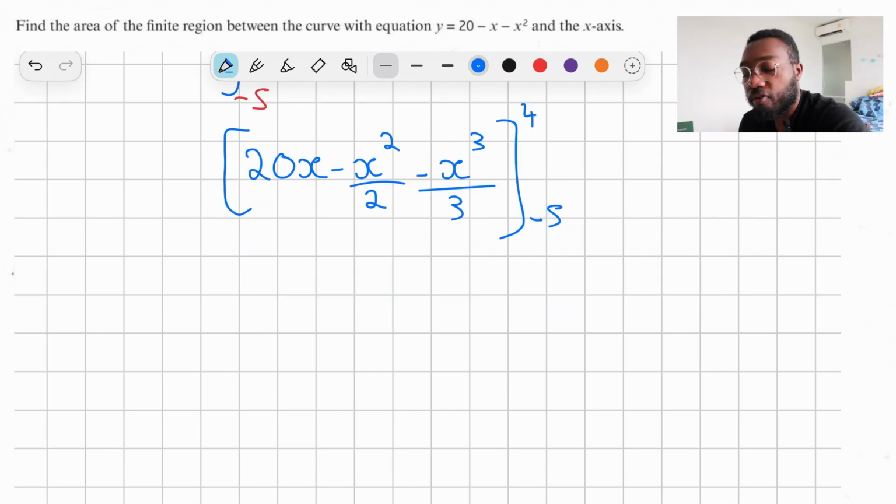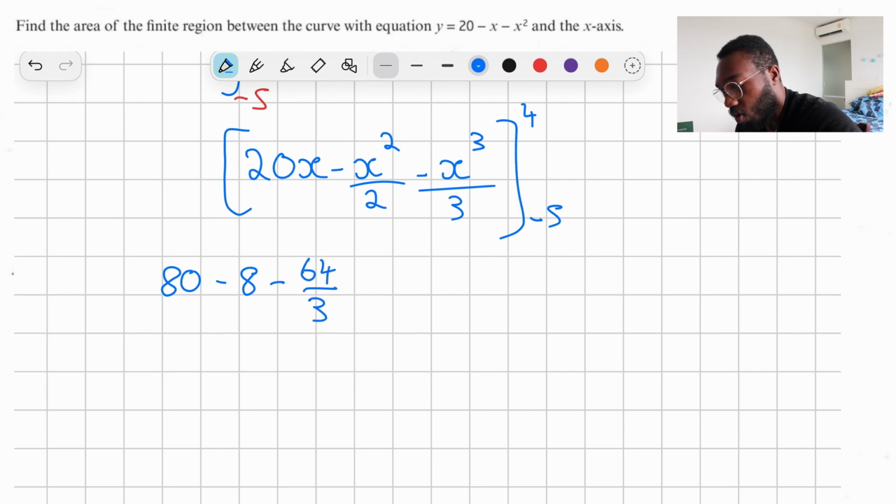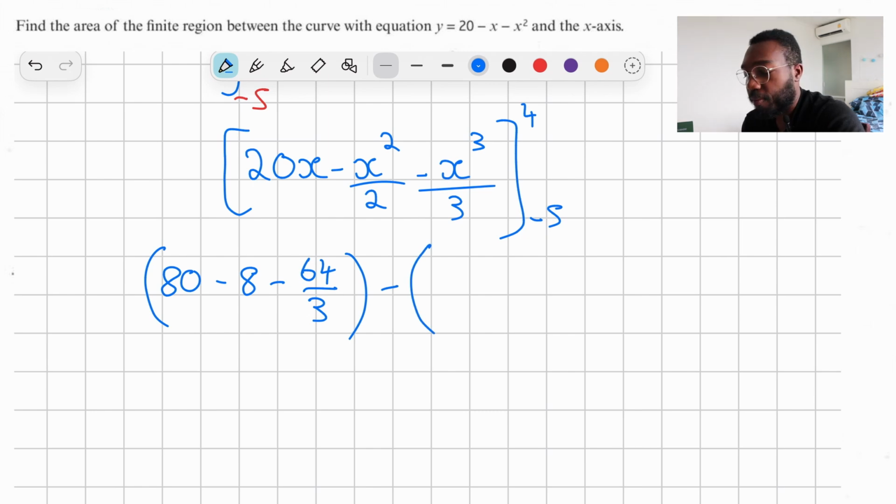So let's start with the 4. With the 4, 20 times 4 is 80. And then we get a minus x squared, so that's a minus 4 squared over 2, so that will give us a minus 16 over 2, that's an 8. And then we have a minus 4 cubed, that is 64 over 3, so that'll just be a minus 64 over 3. And then it's all of that minus the same thing, but now we put in minus 5.